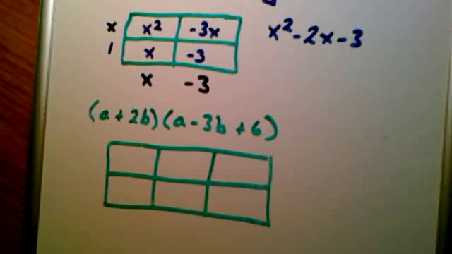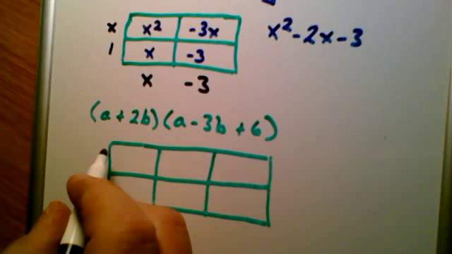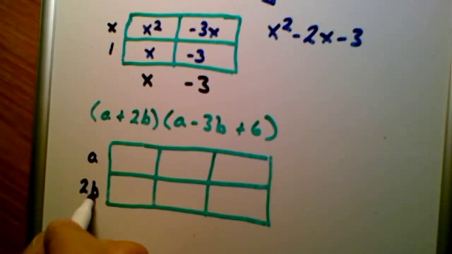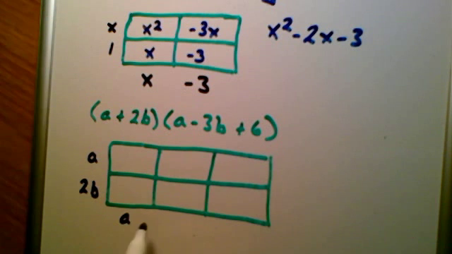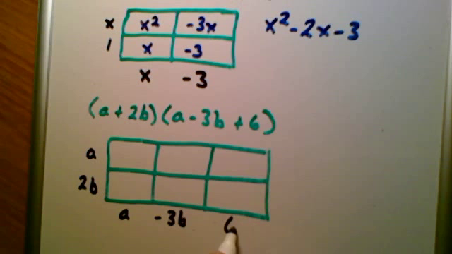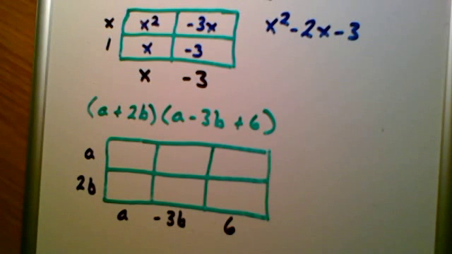Okay, so what I'm going to do is put the a plus 2b here, and then I'll put the a, then the minus 3b, and then the 6 right here, and I'm going to multiply each one of these monomials to come up with filling in the blank.